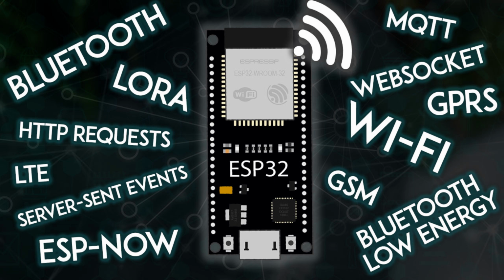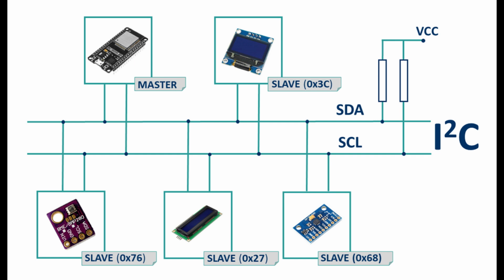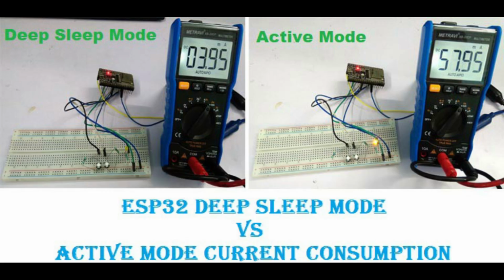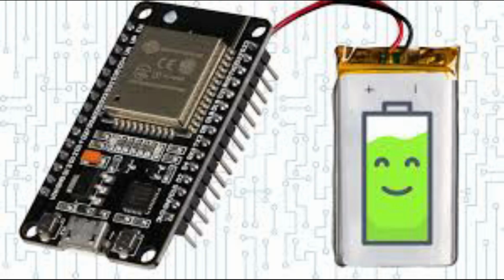That is very important, as we select the chip based on that. And next is power consumption, which is very important: are you going to use a battery-powered project, or will it connect directly to a power supply?